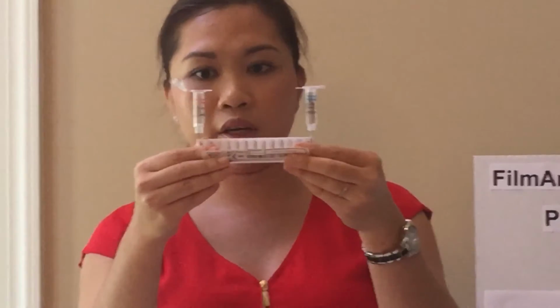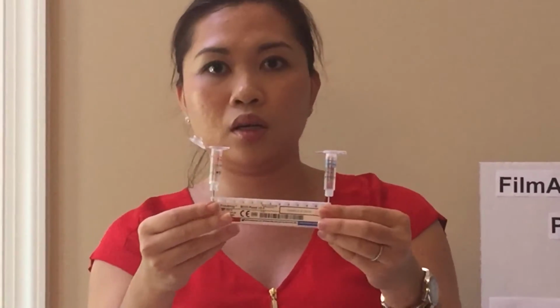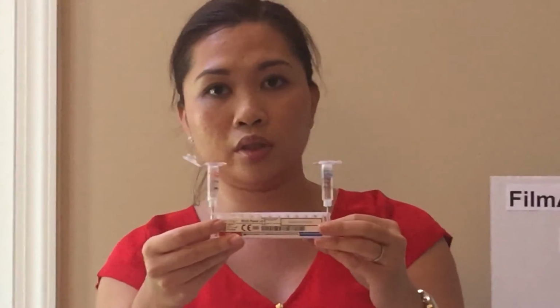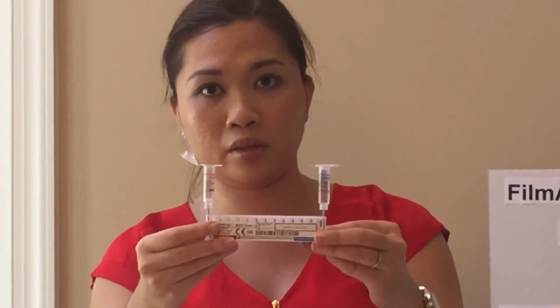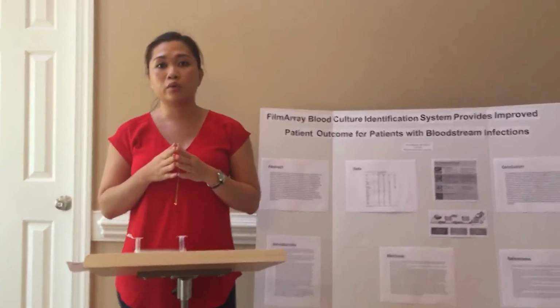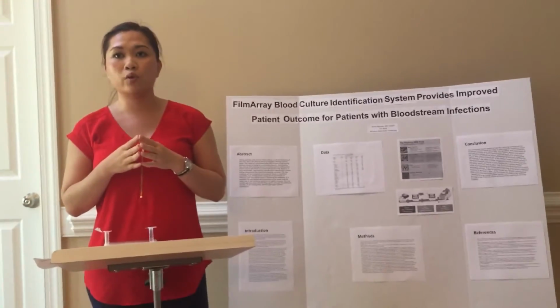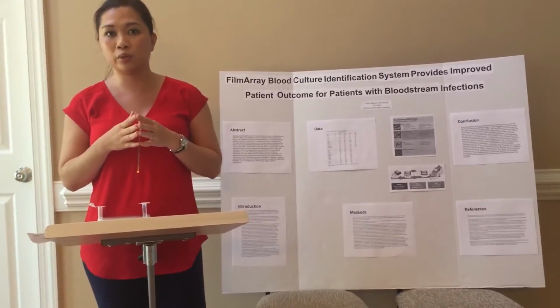When all this is done, you're going to load the whole pouch onto the system. It's that easy. It should take you less than 5 minutes to load the whole thing. So once you start running the pouch, it takes around 1 hour to give us the result.